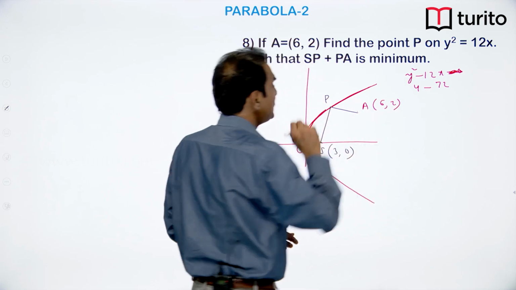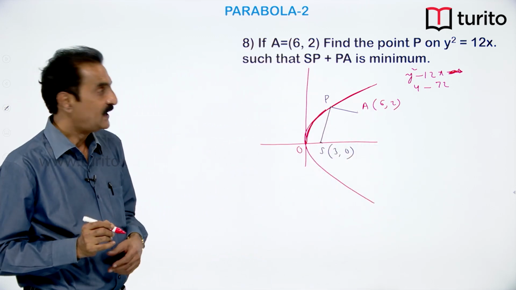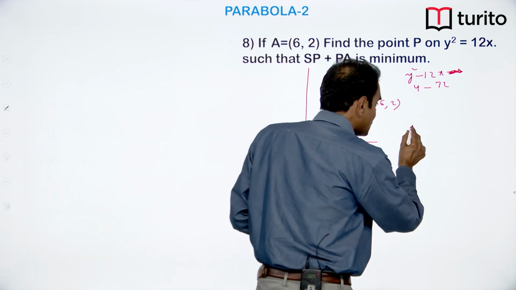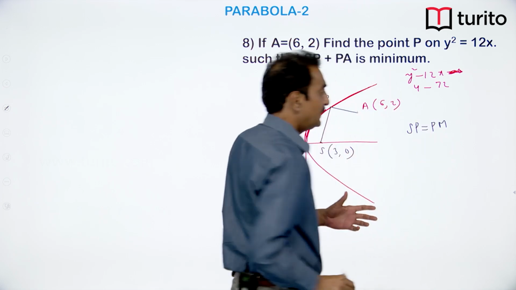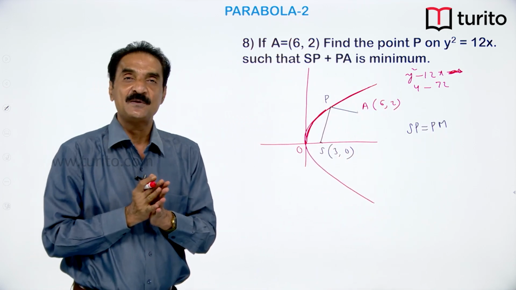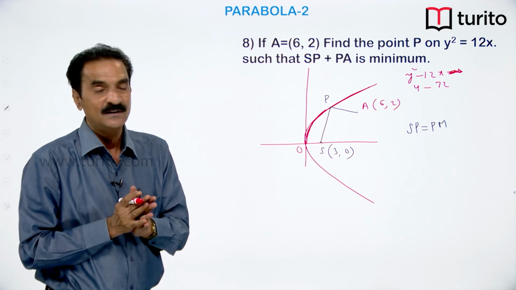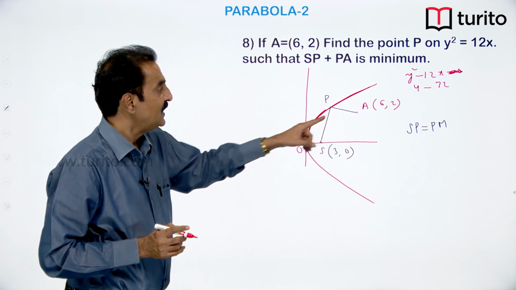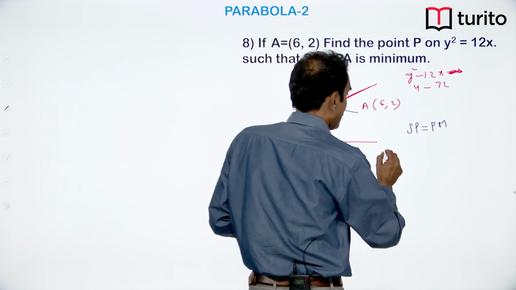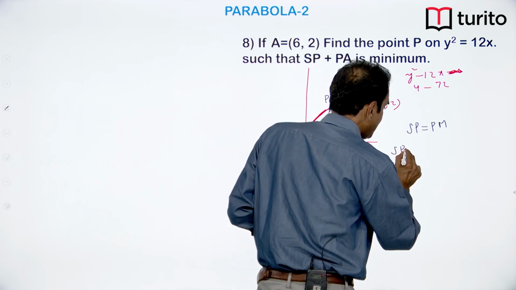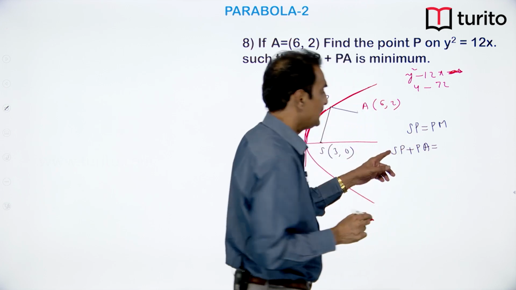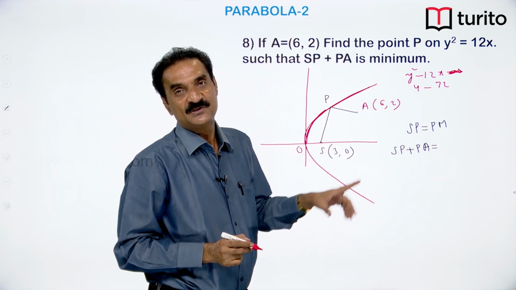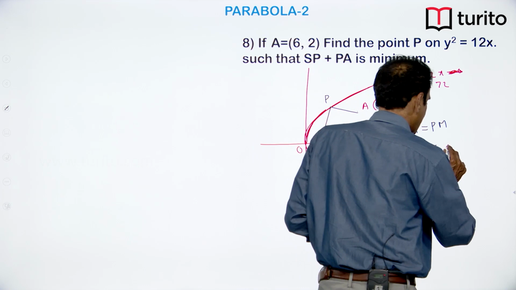Now, we want this point P such that SP plus PA is minimum. You have the property of the parabola that SP is equal to PM. Any point P will be equidistant from the focus and directrix. So, instead of SP, we can take PM. I will take PM instead of SP.